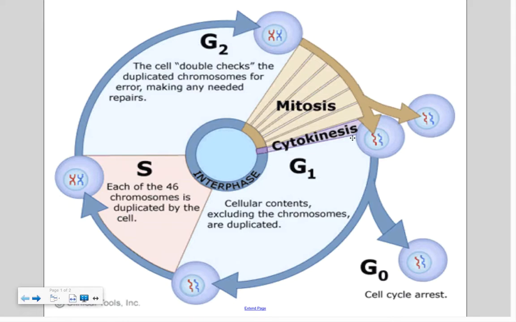All of the contents of the cell have been separated to two different sides, and the last final step is for that cytoplasm to divide in half to make two separate identical cells. So to wrap that up, that is a basic summary of the life cycle of a cell.